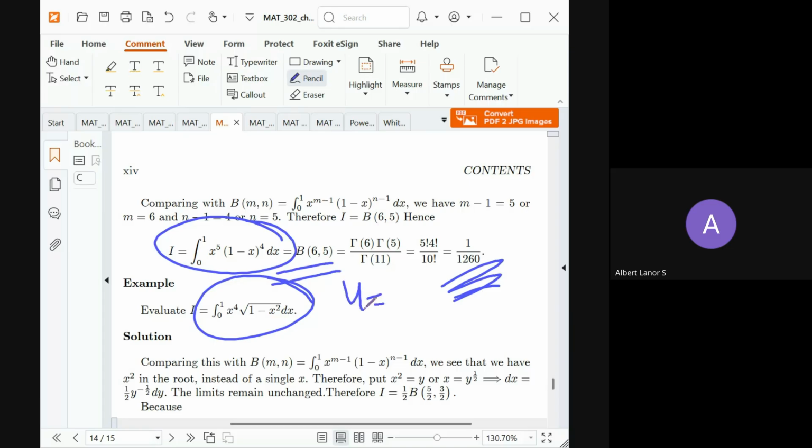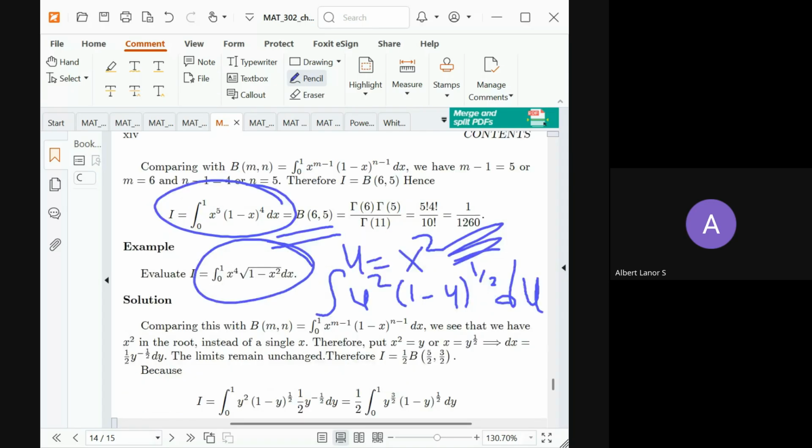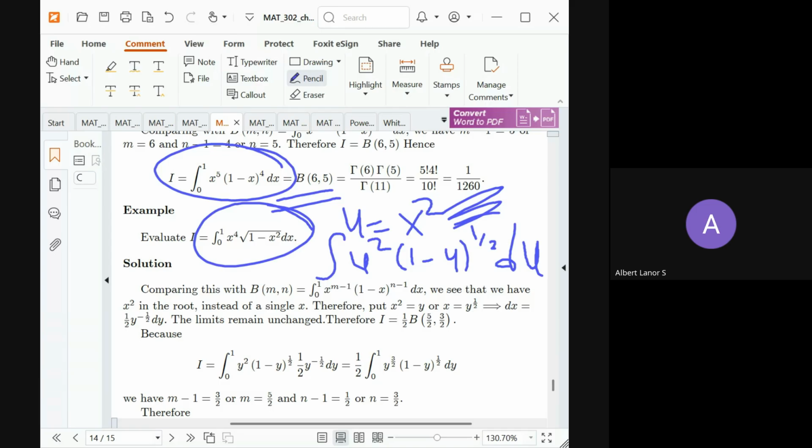Now we'll set u to be equal to x squared, so that we'll have the integral of u squared times 1 minus u, then the power is half, du. Now, since x squared is equal to u, we have 2x dx.